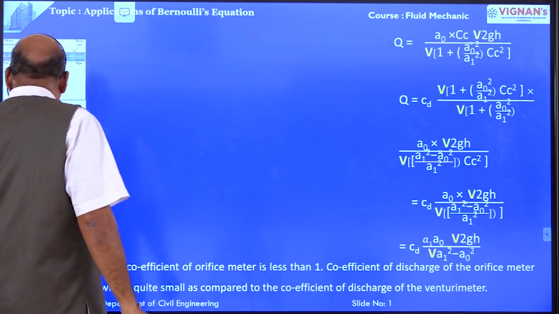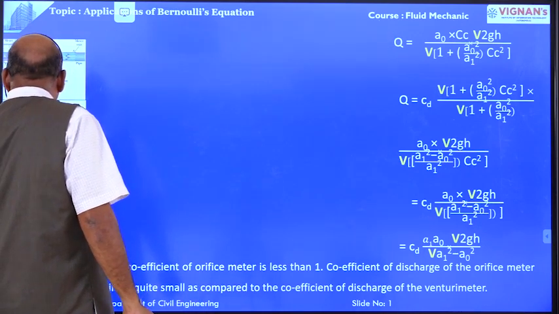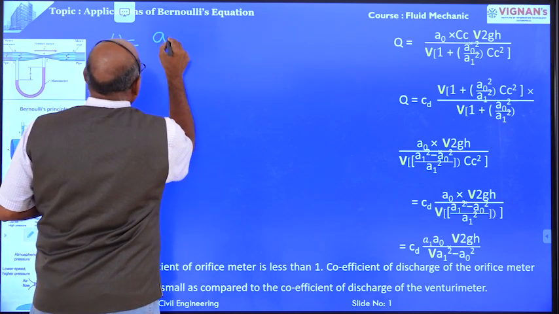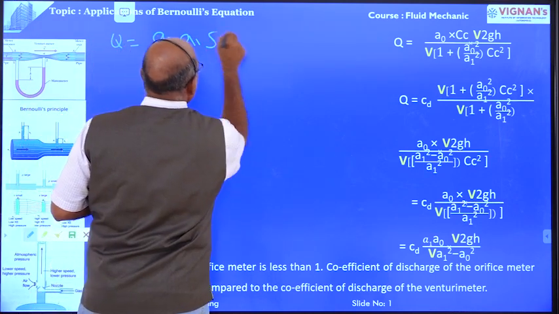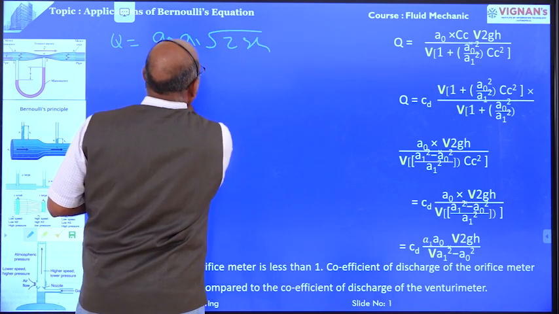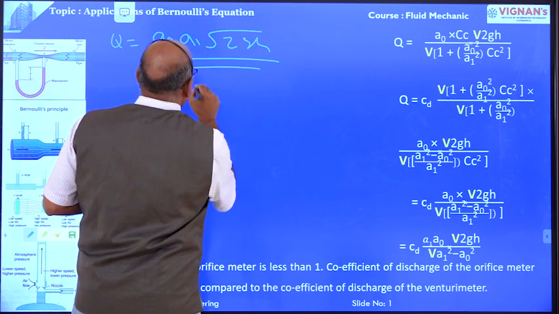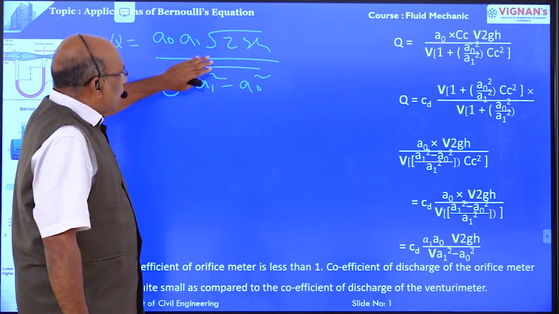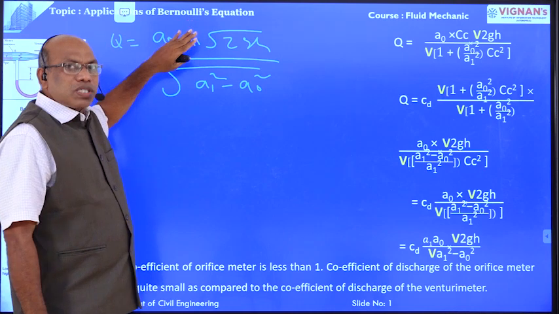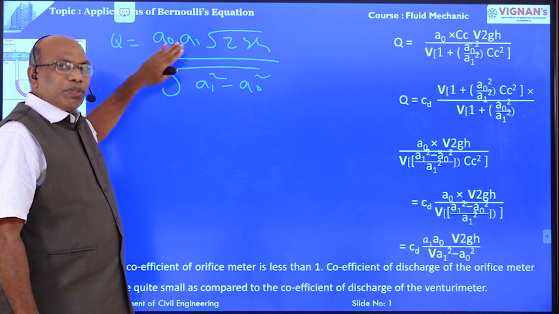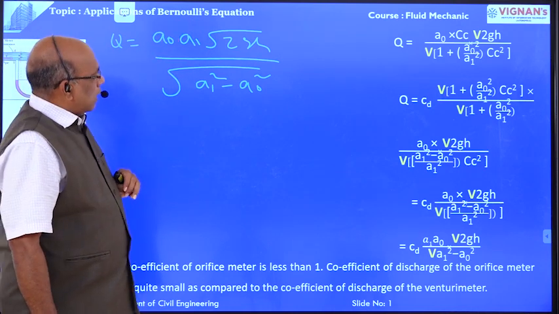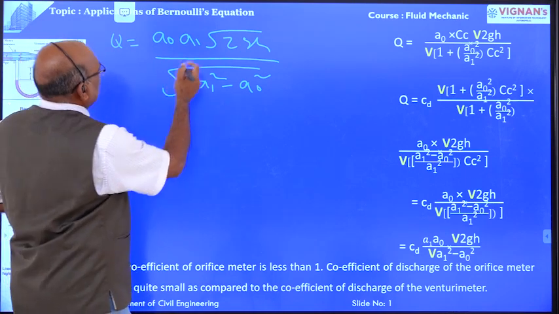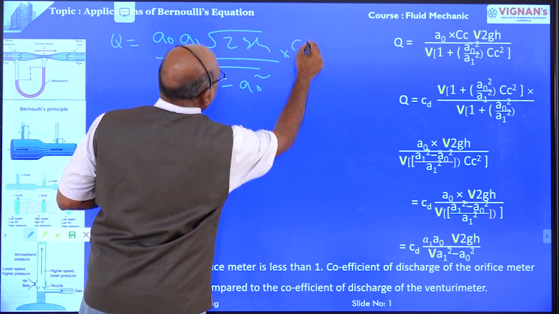This is the formula for the determination of discharge from the orifice meter. That means Q is equal to A0 A1 square root of 2gh divided by square root of A1 square minus A0 square, and also into CD.